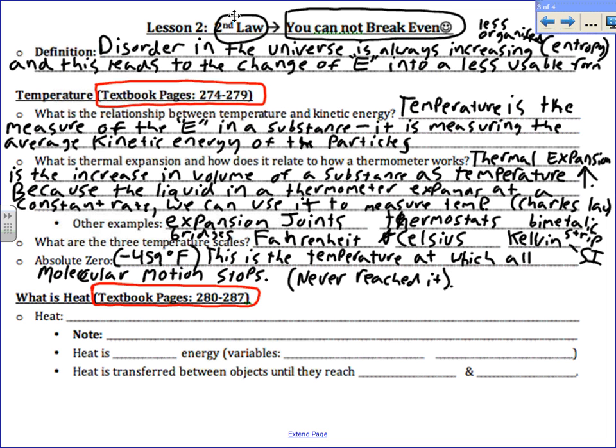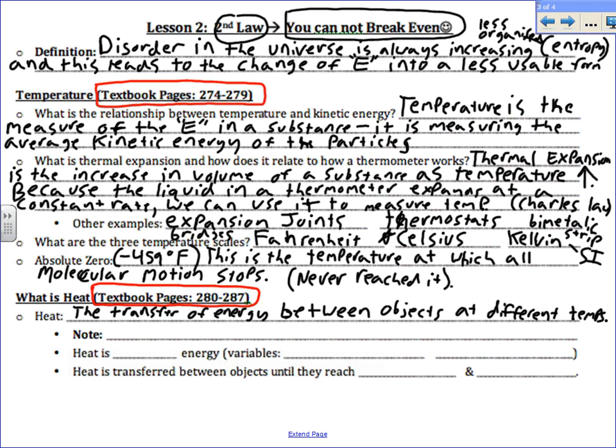Now heat, a good definition, is the transfer of energy between objects at different temperatures. I'm going to abbreviate temperatures because I'm running out of room. Okay? So make sure you take note of this.